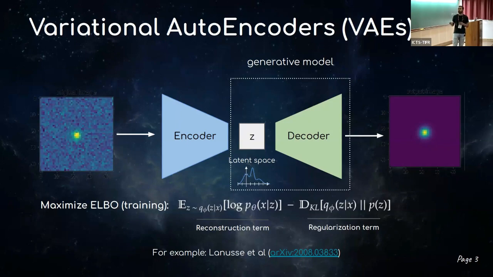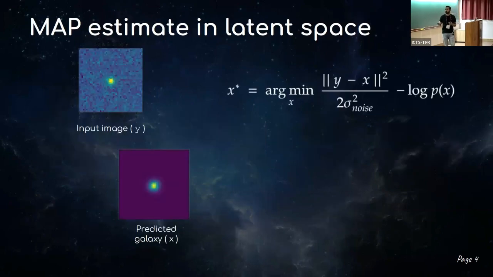So you can sample from this latent space and generate new galaxies. That is only if you know the underlying distribution that the encoder projects it to. Such models have already been trained to generate galaxies. There's some work done by François Lanuz, which is already published. But now I want to use this in my deblending problem.